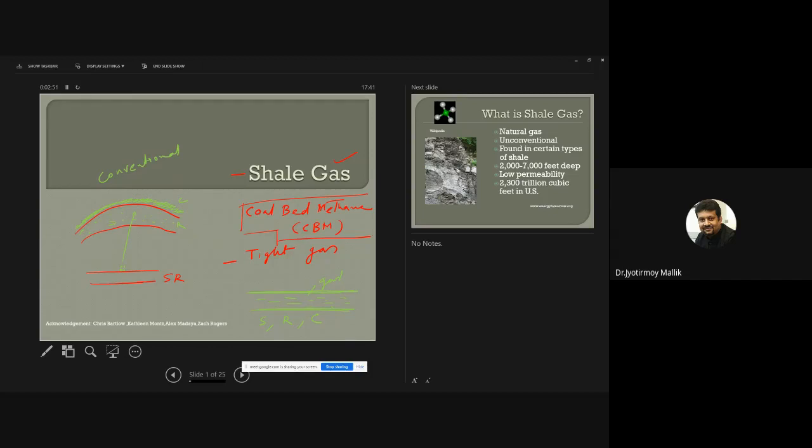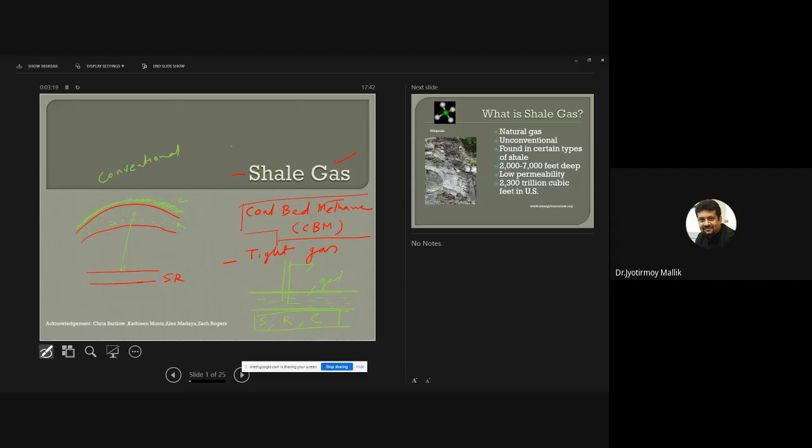You don't essentially need the presence of a trap, a separate cap rock, or a reservoir. The source rock is there itself, and it acts as all these three. So you can simply drill in a shale layer and take gas out, and that is what we call shale gas.